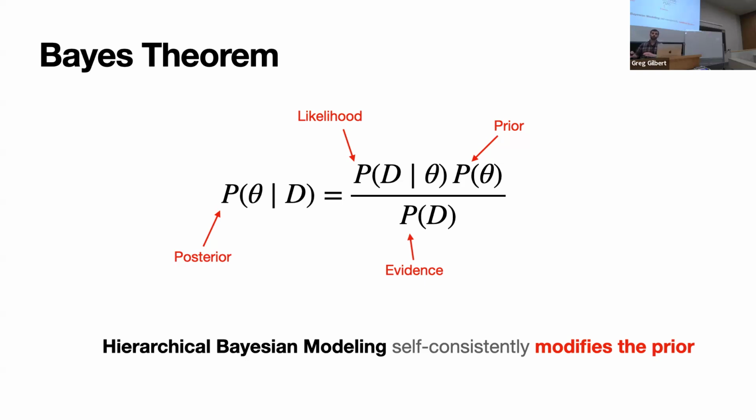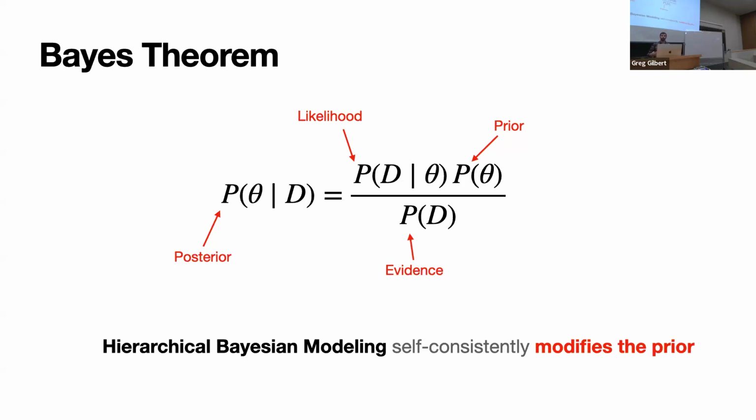But when you do that, information is only flowing in one direction. It's only flowing from the top down, from what your prior knowledge is, your assumption about whatever population you're drawing from, down to the individual members of the population. But the beauty of hierarchical modeling is it allows information to go both ways.